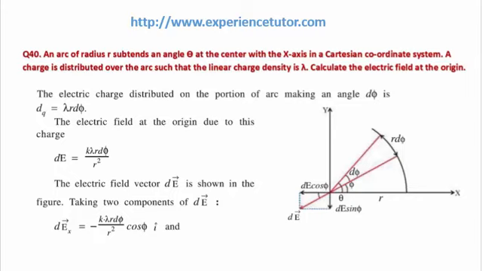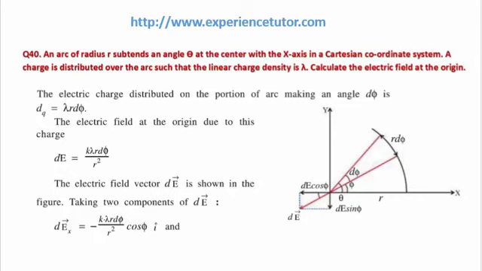Question number 40. An arc of radius r subtends an angle theta at the center with the x-axis in a Cartesian coordinate system. A charge is distributed over the arc such that the linear charge density is lambda. Calculate the electric field at the origin.